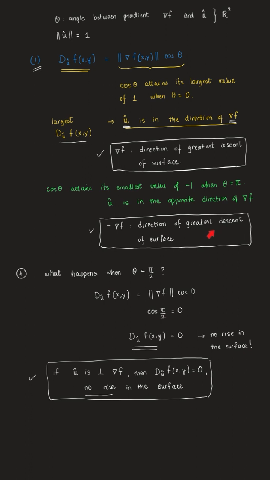We're going to climb down with the steepest slope. And if we choose a vector u that's perpendicular to the gradient, then we have no rise at all. So we're going to interpret that by looking at some level curves in our next video and think a little bit more about what's going on between the gradient and the level curves of our surface.